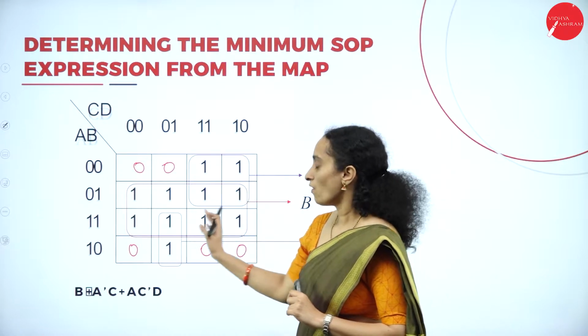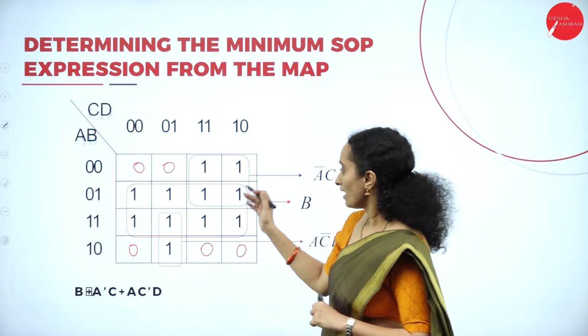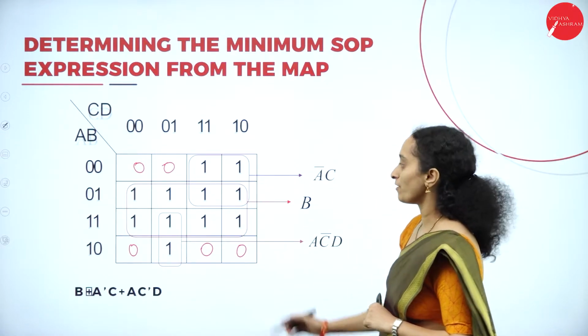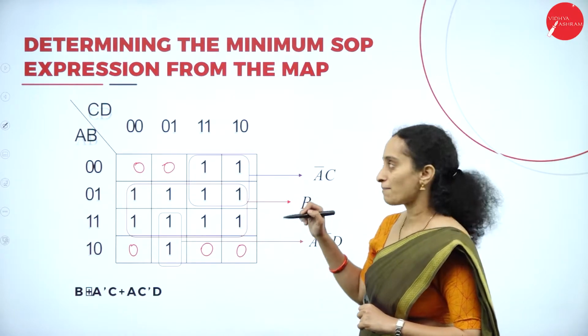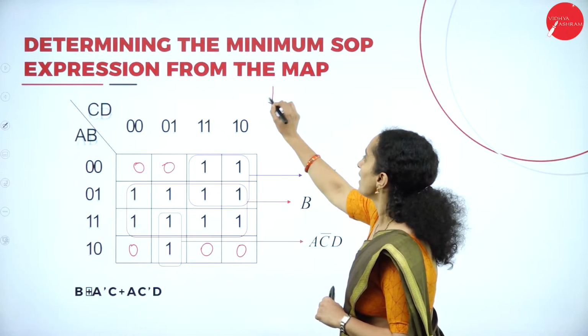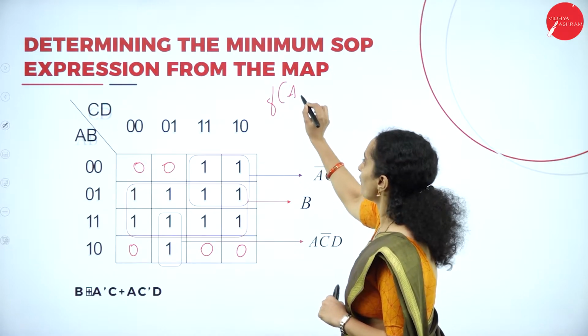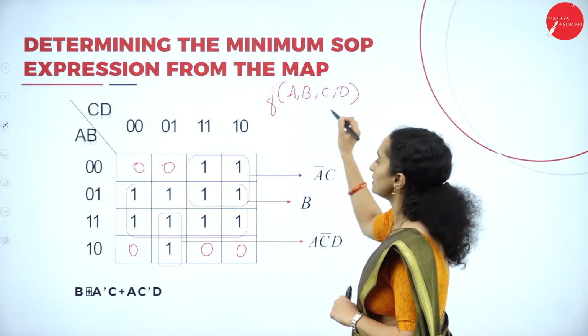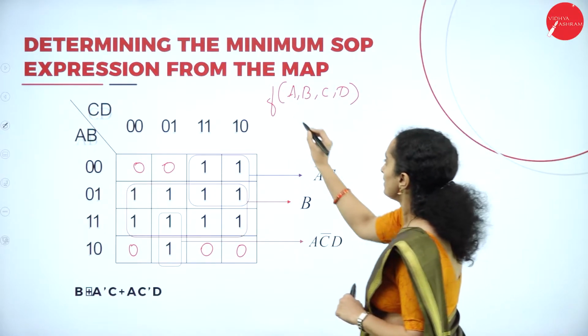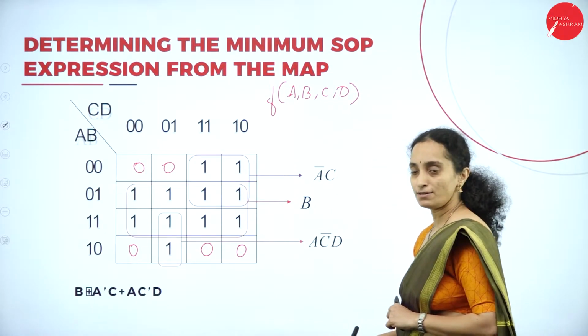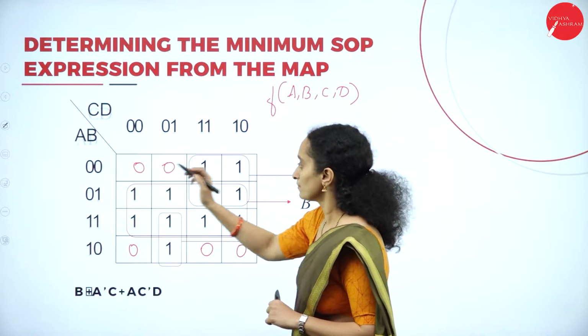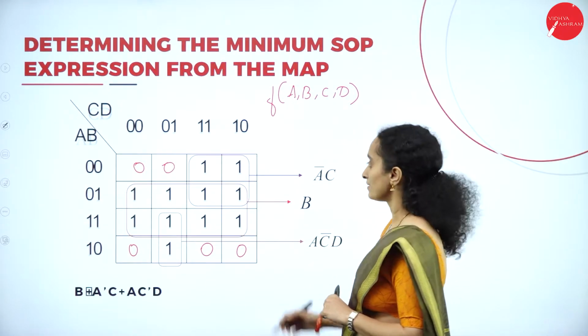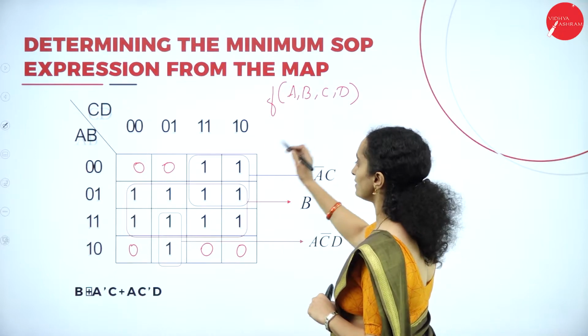Now we have all these min terms. If you draw the min terms from this K-map, you can have the expression f of a comma b comma c comma d. The min terms will be, start with this, or you can start with this.